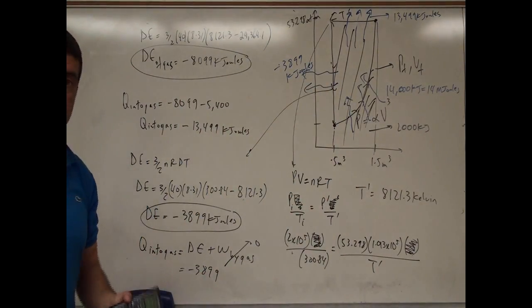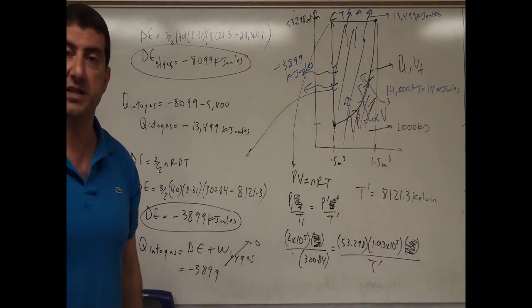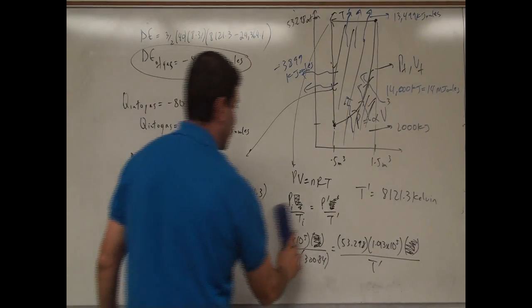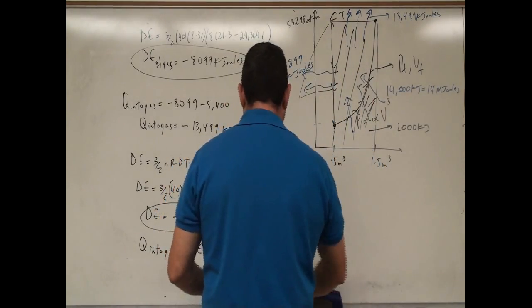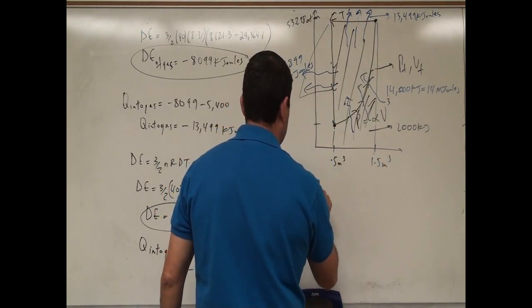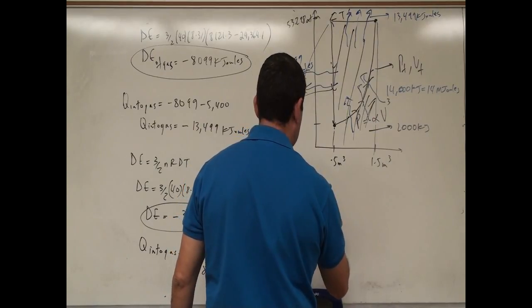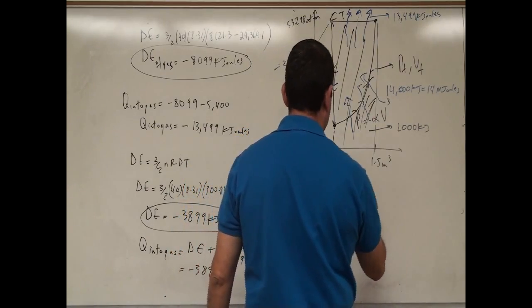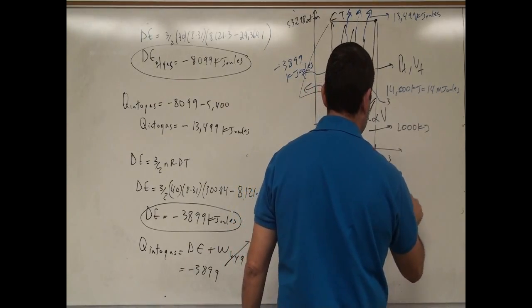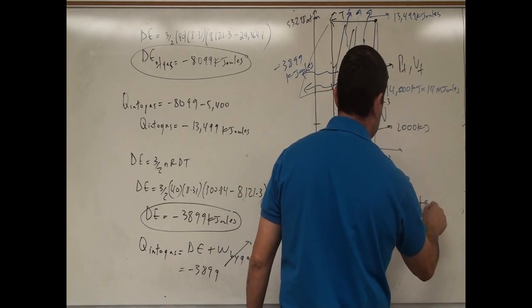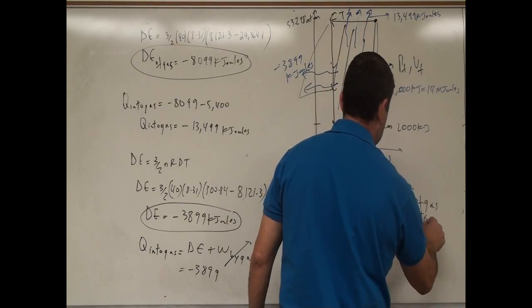Now we can apply the first law of thermodynamics to the whole process and see if the total answer makes sense, right? So we can say the heat into gas total is equal to the work done by the gas total plus the change in internal energy of the gas total.